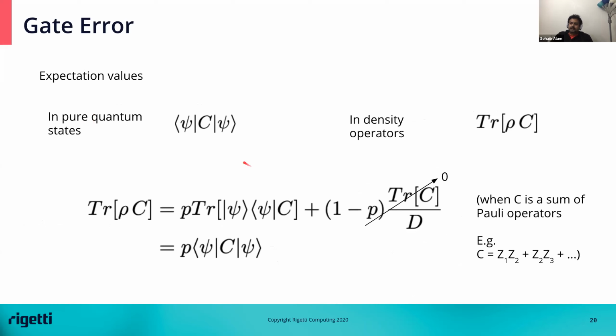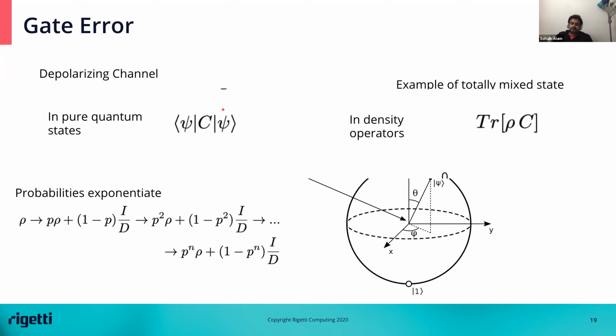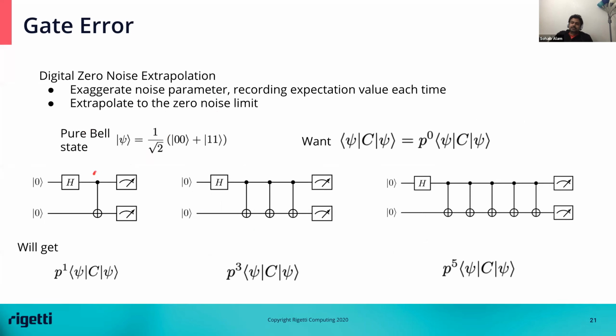That's basically the idea, right? So this state psi psi is the pure Bell state, and rho basically evolves from this psi psi to psi psi with some probability p plus 1 minus p times the totally mixed state. So that's kind of the mental picture of what's happening here.